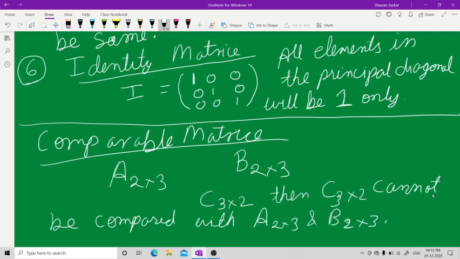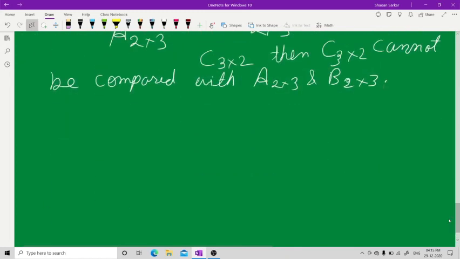Next, equality of matrices. We are going to write it down.